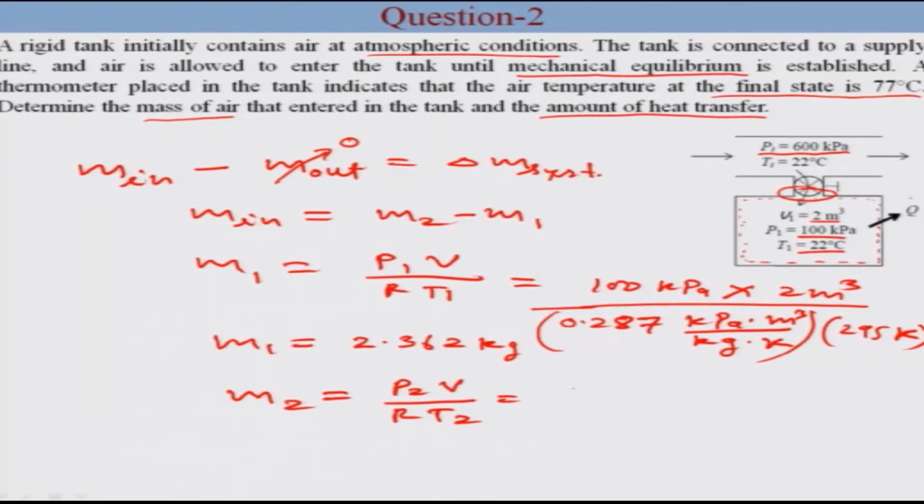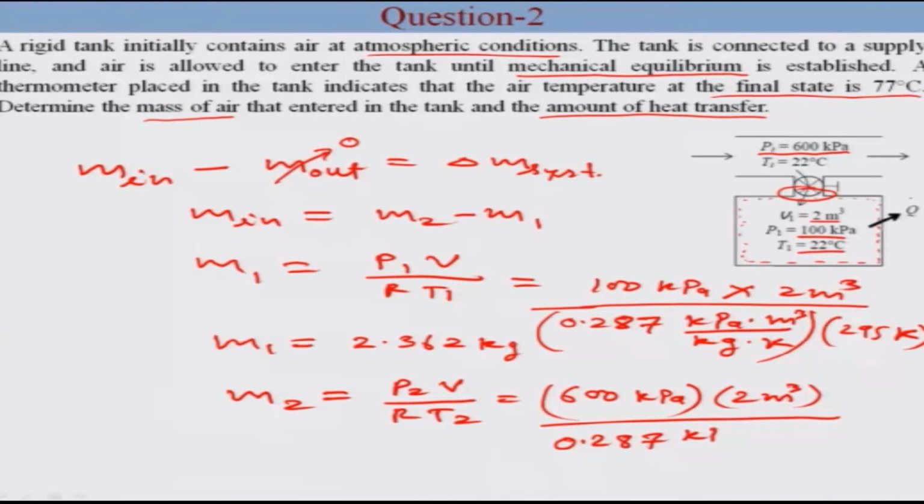So putting this value here, 600 kilopascal, volume is 2 meter cube, upon R is 0.287 kilopascal meter cube per kg Kelvin, into 350 Kelvin.